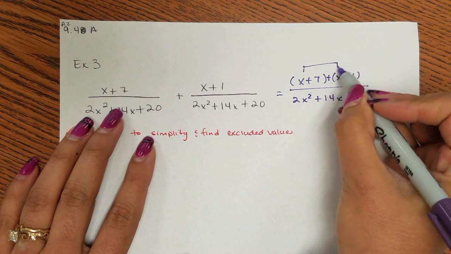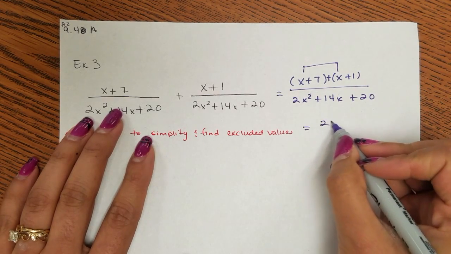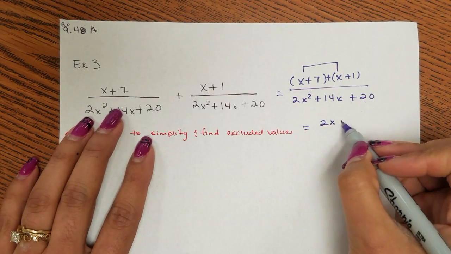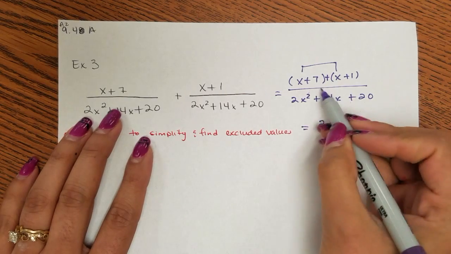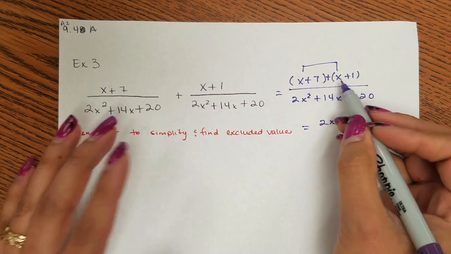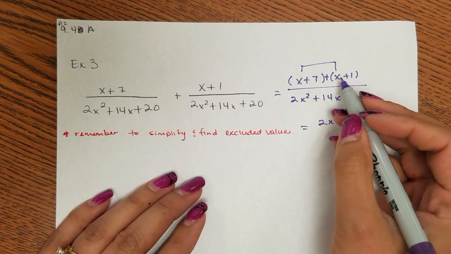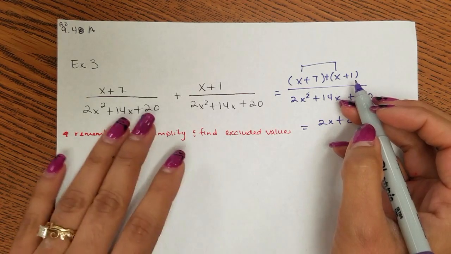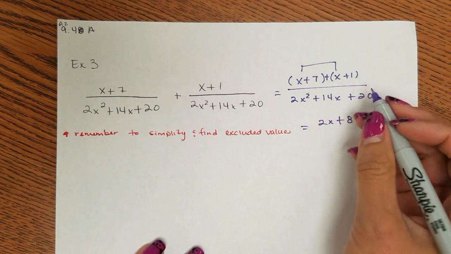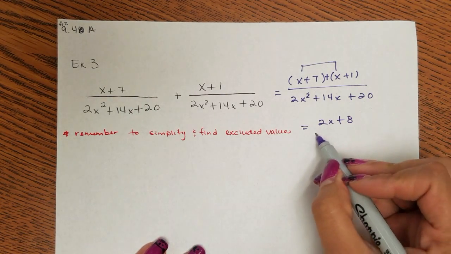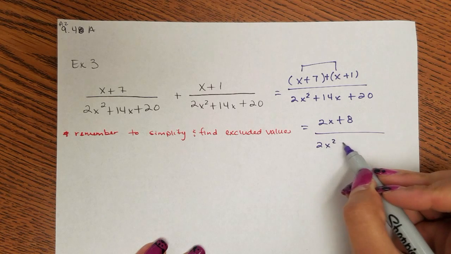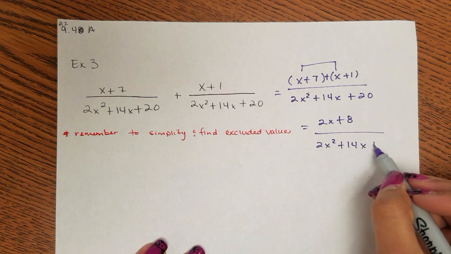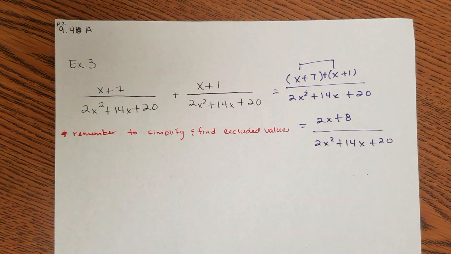Combine our like terms. We have x plus x is 2x. 7 plus 1 is 8. Now be careful here, guys. You're going to want to FOIL sometimes. We're not multiplying anywhere in these examples. All we're doing is adding or subtracting. Okay? All over 2x squared plus 14x plus 20.